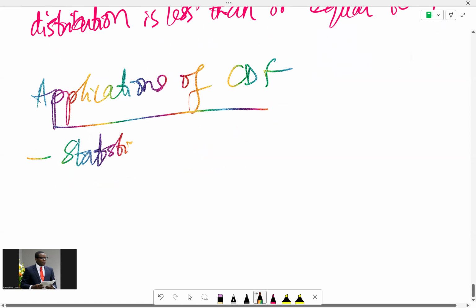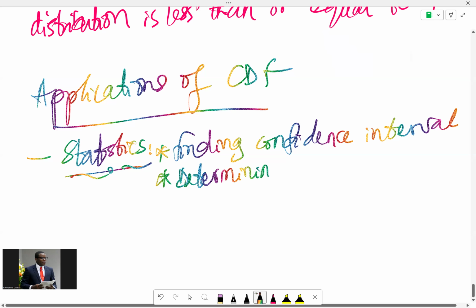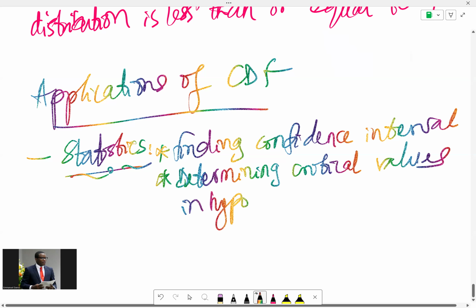In statistics, we can use it for finding confidence intervals, or determining critical values in hypothesis testing.